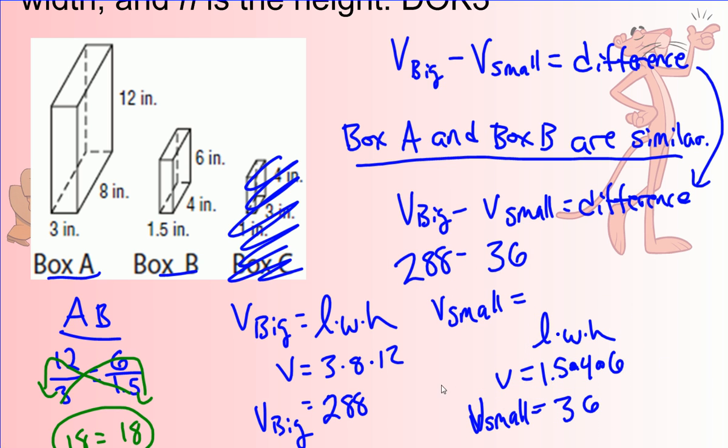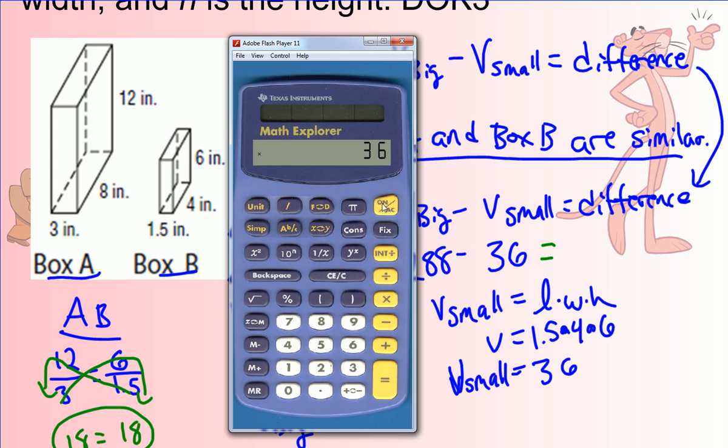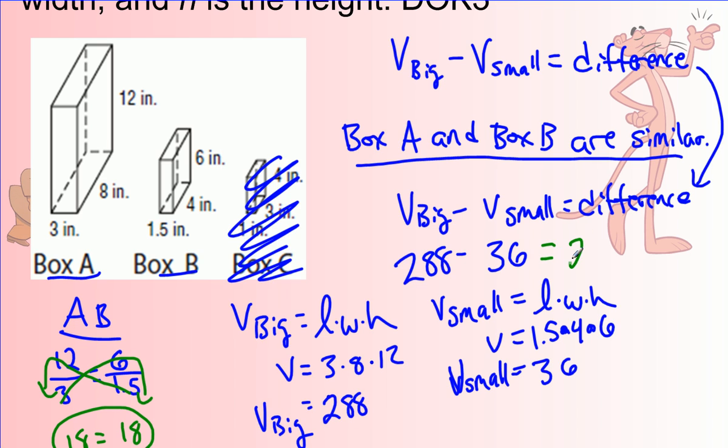And what we find here is that if I do my math, the volume of the big minus the volume of the small gives me something for an answer. 288 minus 36 equals 252 inches cubed. I forgot to put my labels. These are inches cubed.